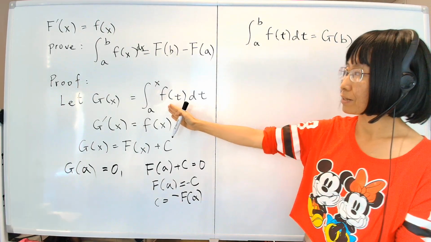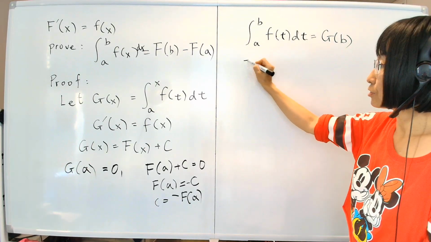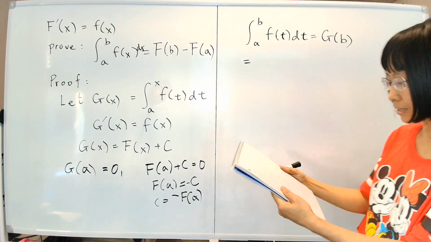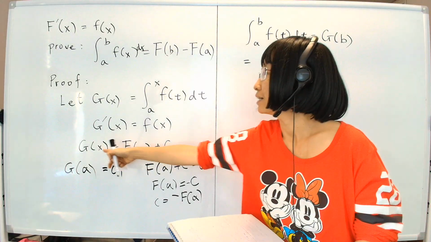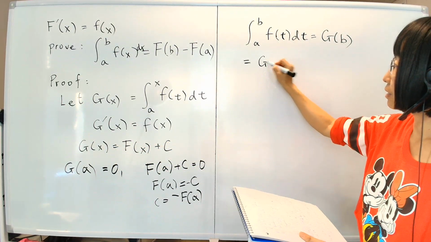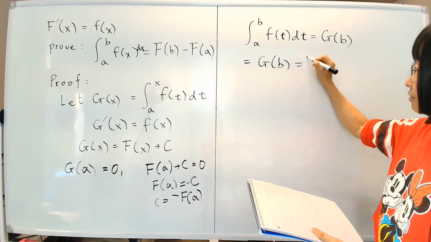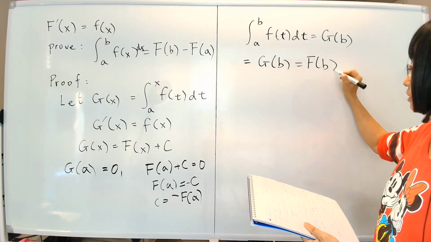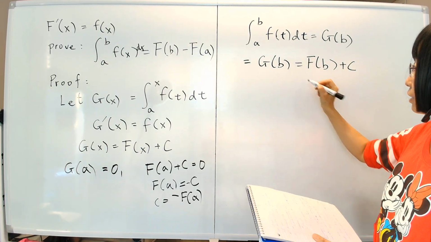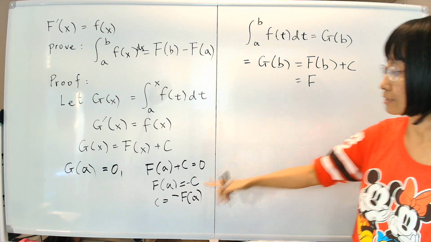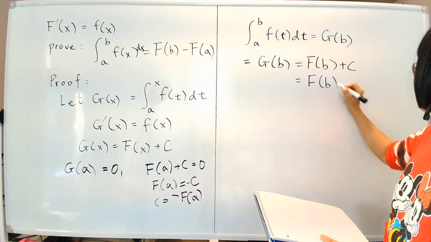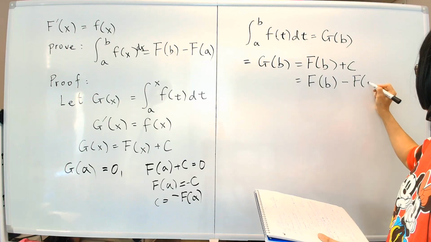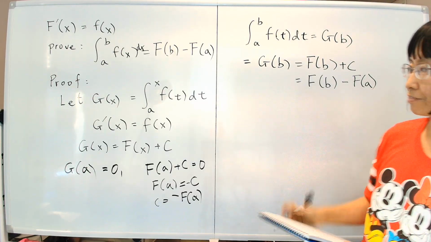I just plugged this in here, which equals g of b, which, following this formula, equals f of b plus the constant. And what is the constant? The constant equals negative f of a. So f of b minus f of a. And that finishes my proof.